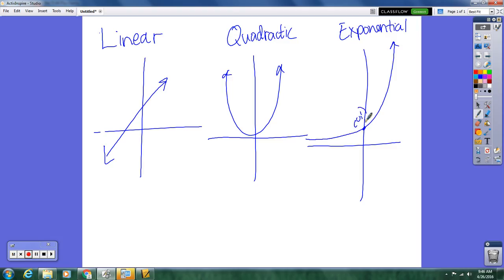There are 2 ways you're going to have to identify these things. One, they're going to give you a table, and you can look at the table without graphing it. That's probably the one on your non-calculator quiz. You're given a table, and they ask whether this is a linear, quadratic, or exponential model, and probably the last choice is none of the above.